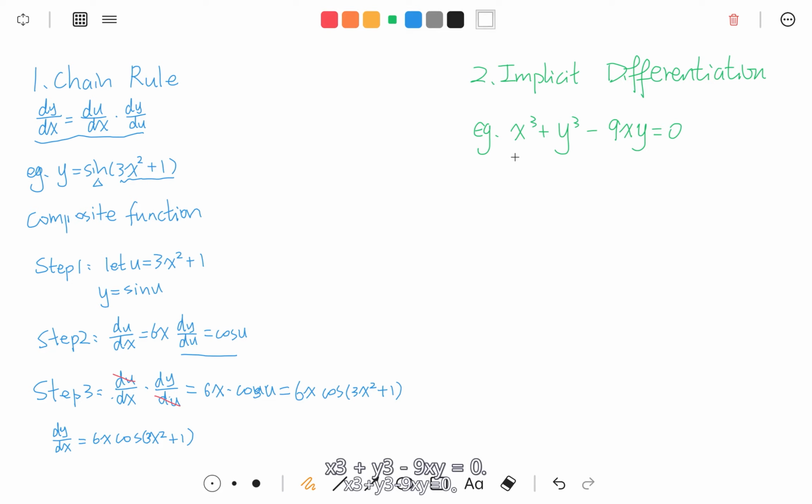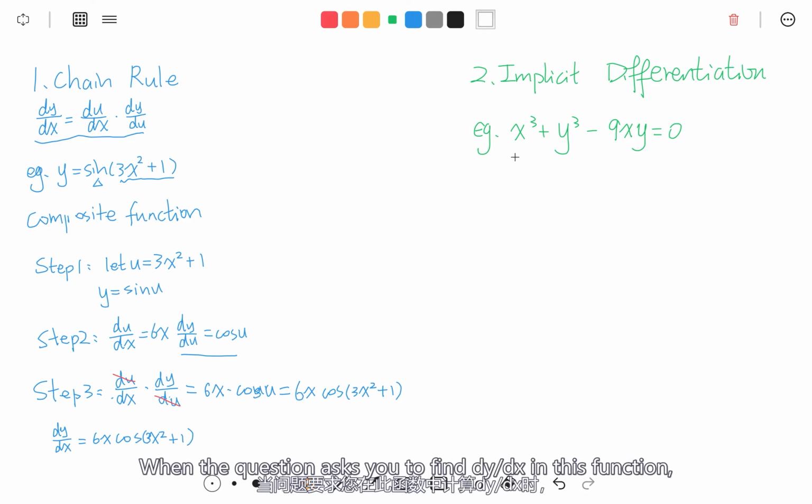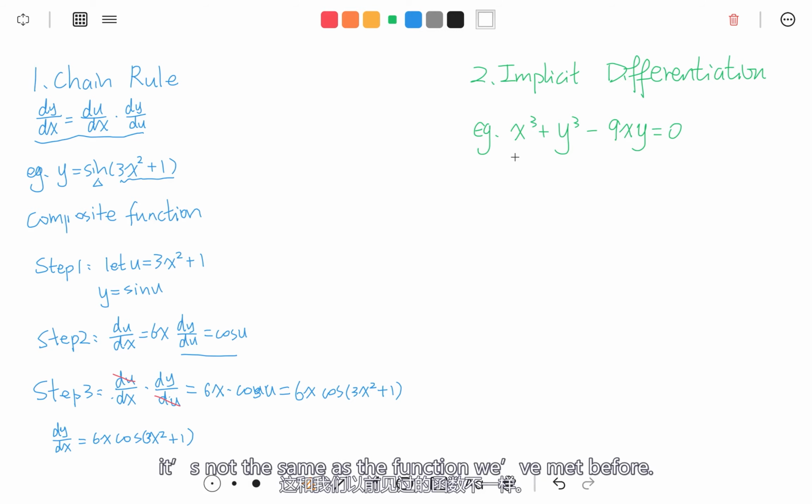3x to the third power plus y to the third power minus 9xy equals 0. When the question asks you to find dy dx in this function, it's not the same as the functions we've met before.